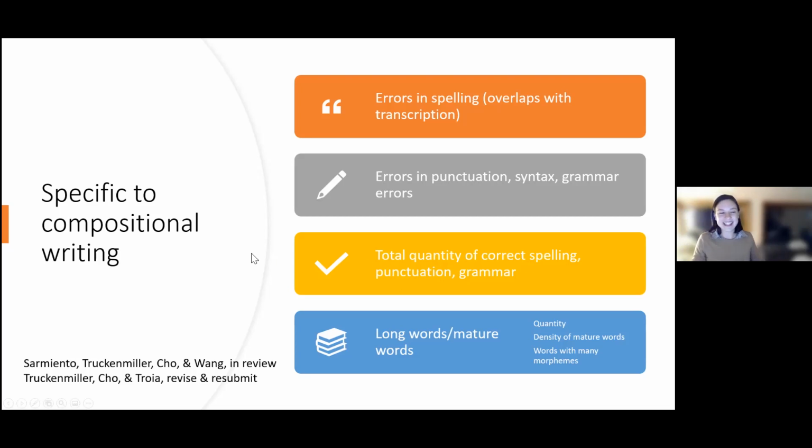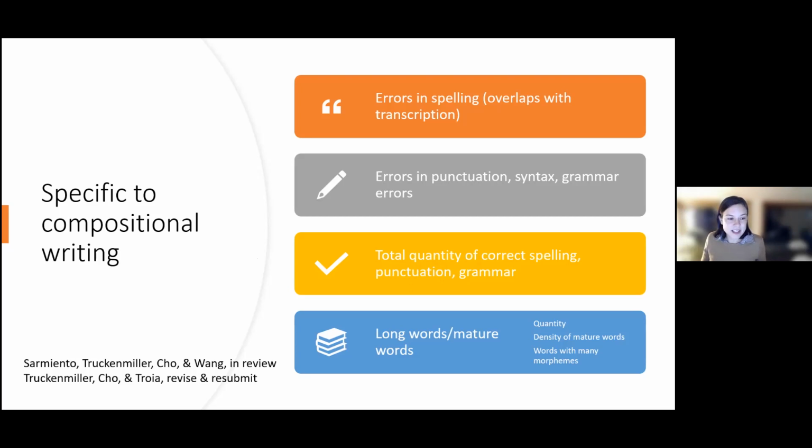Yeah, I'll repeat that because it's a doozy. We found that the total quantity of correct spelling, punctuation, and grammar predicts students' reading comprehension abilities better than our other metrics of writing quality. A big one for teachers is we measured 6 traits.